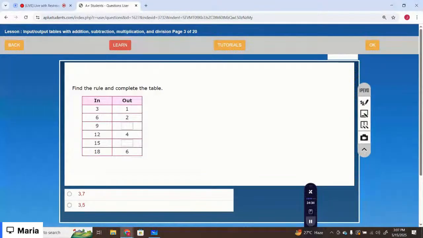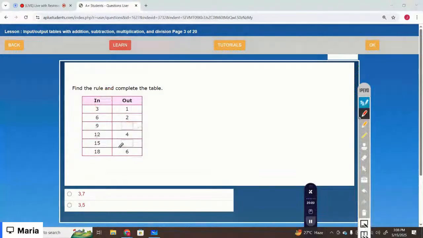Find the rule and complete the table. Three divided by three is one. 6 divided by three is two. Then 9 divided by three is three.